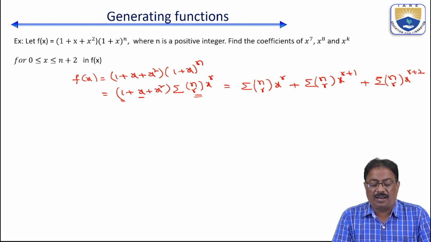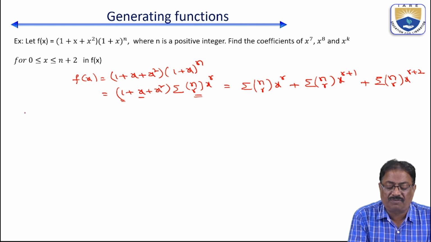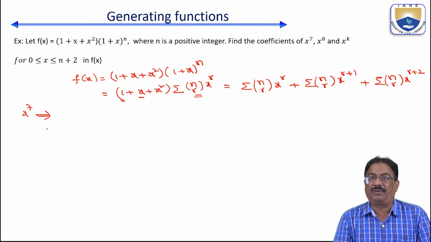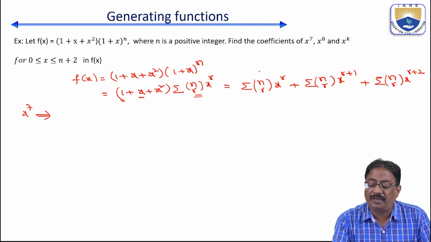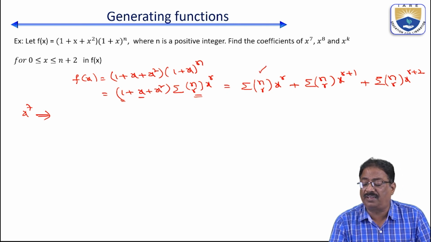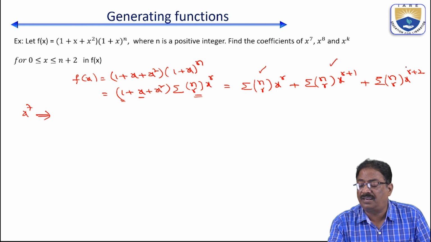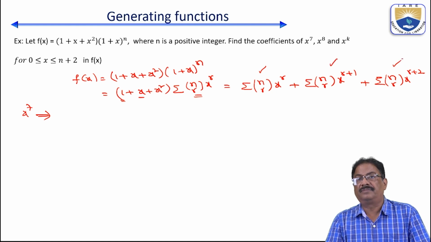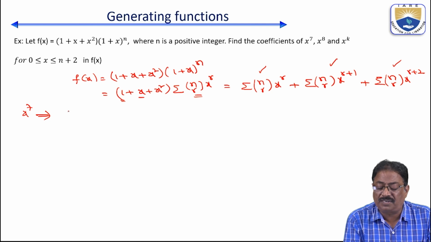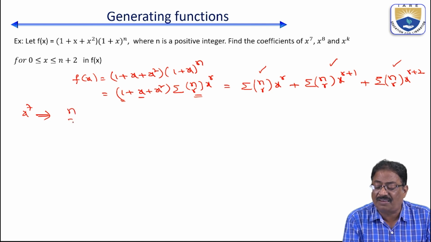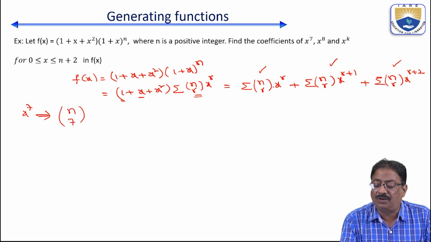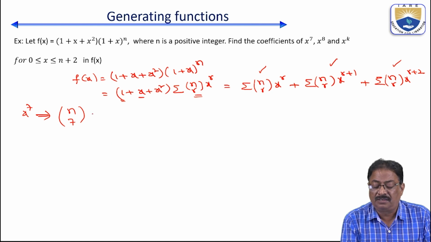Now I am going to calculate the coefficient of x power 7. So I can keep r equal to 7 here, r equal to 6 here, r equal to 5 here. So then x power 7 coefficient is nC7, plus this is nC6, then this is nC5.